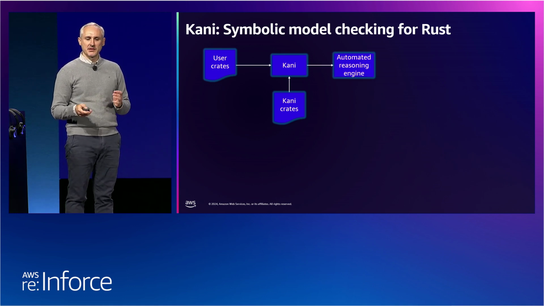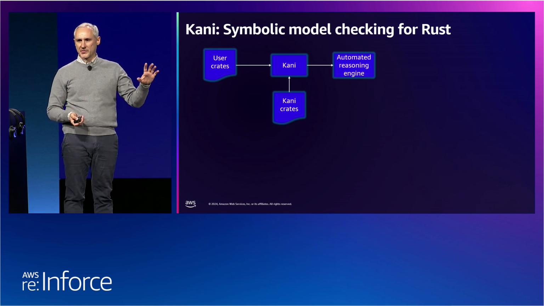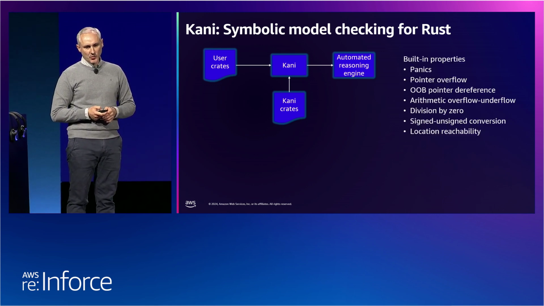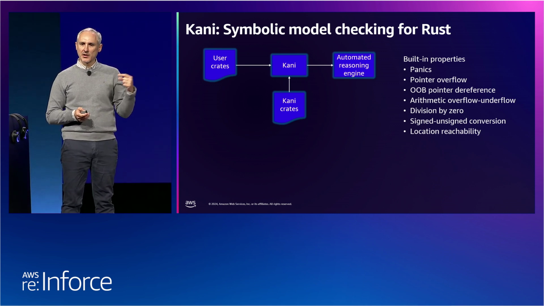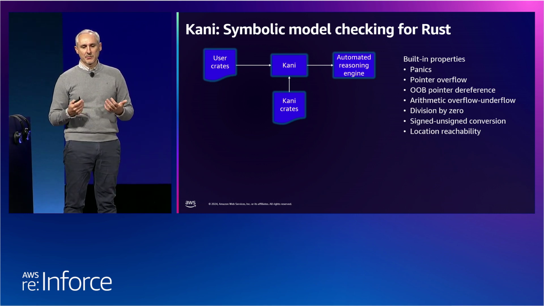The role of Kani is basically to translate your Rust code into this automated reasoning engine that performs the style of reasoning I just showed you. While doing that, Kani also injects a number of extra assertions in your code, or translated code in the model of the code, and it lets you check for built-in properties.